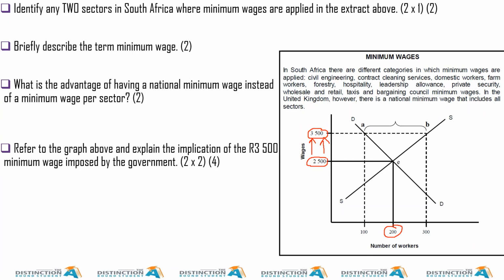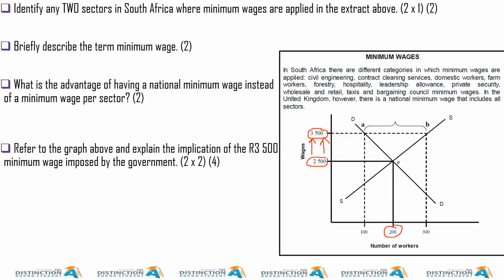So those people were not counted on the unemployed list because they were not actively looking for employment, because what the market was offering was lower than what they would desire. But now, from the government's announcement of 3,500 being the minimum wage, this makes people who didn't want to work start looking for employment.